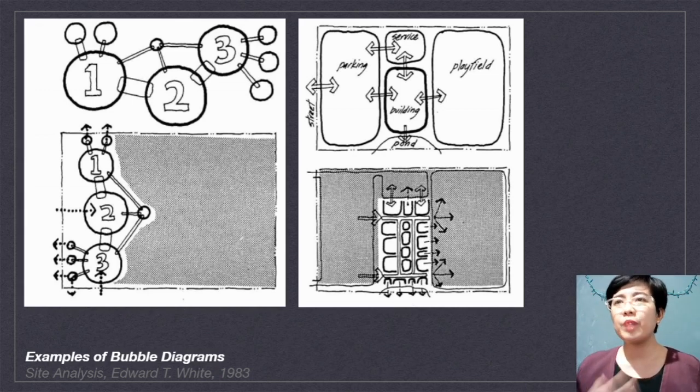So ang relevance kasi nito, makita natin kung ano magkakatabi, alin yung mga areas na may access, pwede kang mag-transfer from one area to another, like this one, from the street, going in and out, pwede. And then, papunta ka ng parking, from the parking, pwede kang pumunta either sa service or to the building. So, meron din ditong accessible din sila sa isa't isa. And then, play field, dito, wherein galing ka sa parking, if you want to go to the play field, you have to pass through the building.